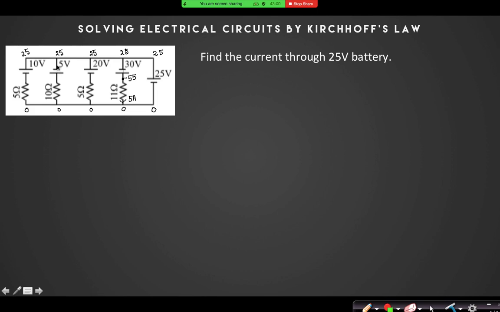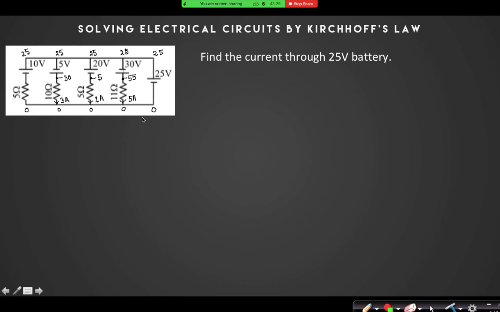This is 25. Now I will decrease that by 20 volt. So what is the potential at this point? 5 volt. So what is the current at this point? 1 ampere. This is 25, this is 5. Now I increase or decrease here? Increase by 30, so this is 30 volt, and the current is 3 ampere.